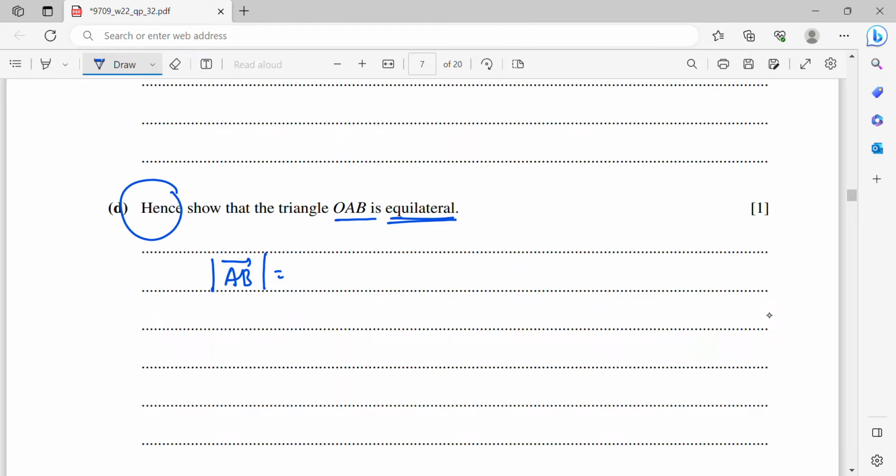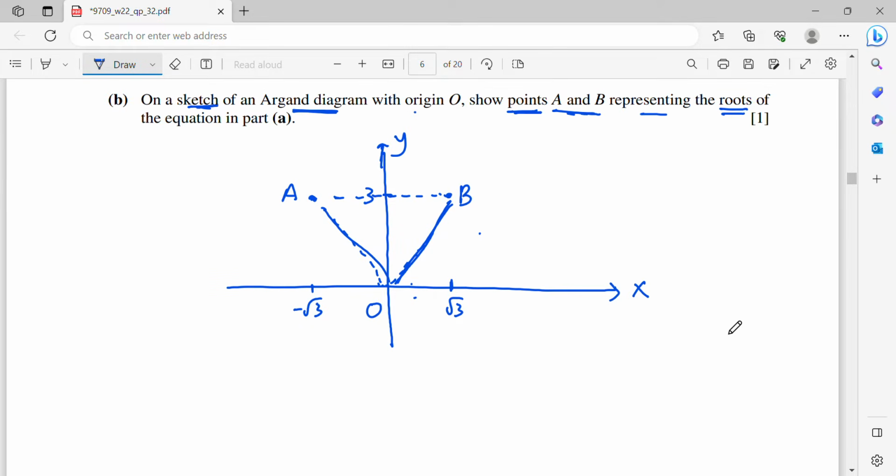So now the length of AB. You can just write AB, no need to link it to the vector. Based on the diagram, it is here root 3, here is another root 3. So that means it will be 2 root 3 when you refer to the Argand diagram.